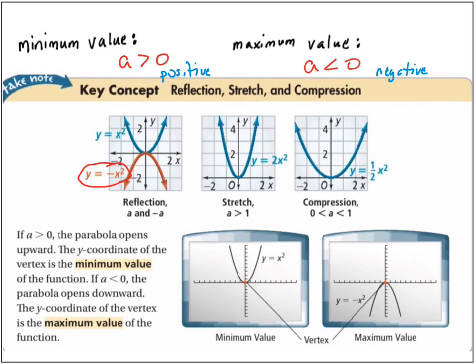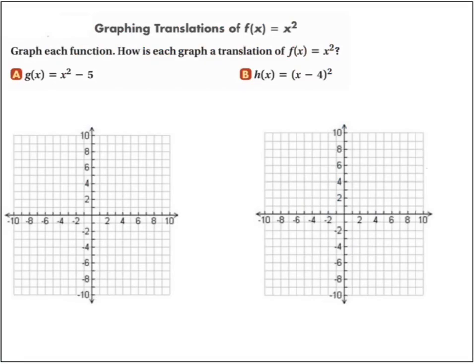All right, so let's take a look at some problems here. It says graph each function. How is the graph of each translated from f of x equals x squared? So I'm going to go ahead and graph the parent function. I know the parent function starts at 0, 0, and then I have points here and here, and here and here. I'm not going to graph all the points, just a few. Then I look at this equation. This minus 5 here is telling me that I'm shifting my graph down 5.